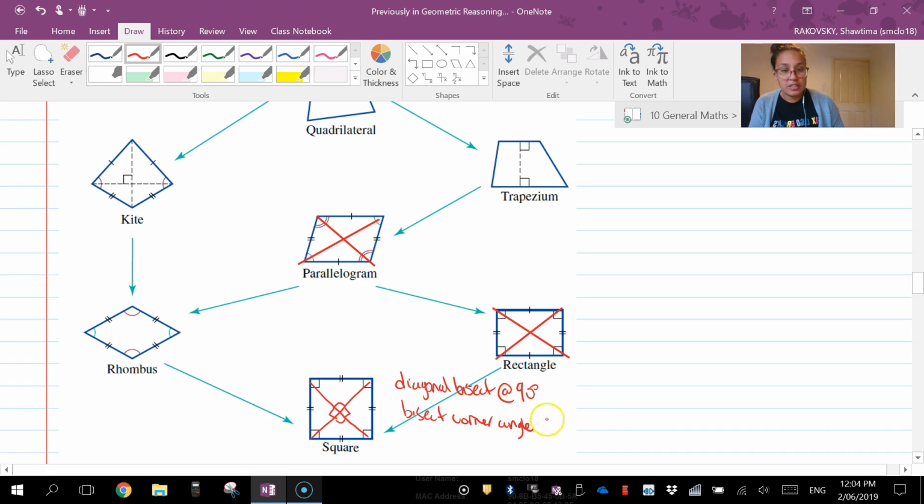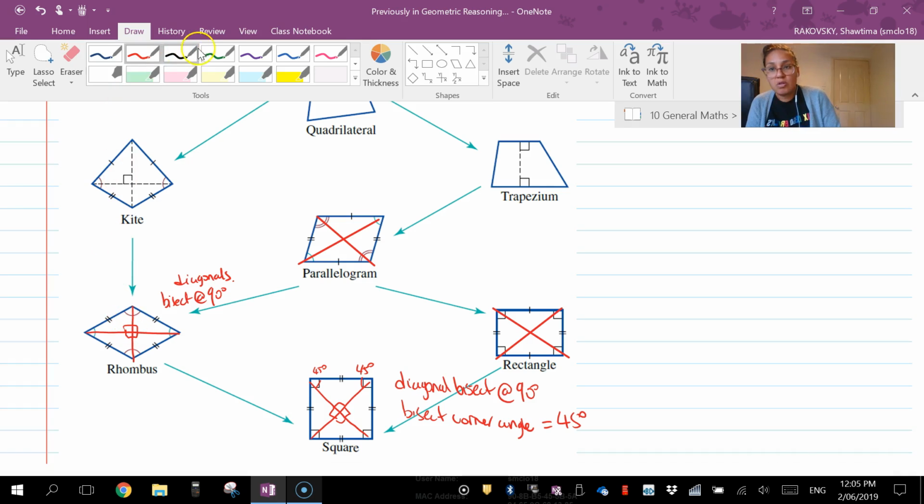So if that's 90 degrees, and we're bisecting, we're cutting it in equal halves, that means that the angles will be 45 degrees. So that's 45 degrees, 45 degrees. Now if we do the same thing with the rhombus here, those diagonals bisect at 90 degrees, and that means that these angles here are going to be equal.